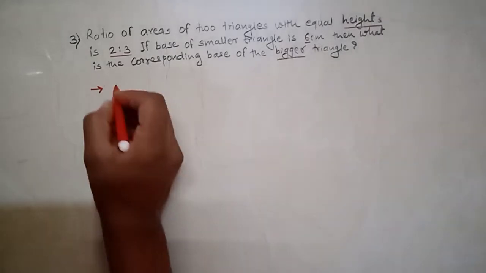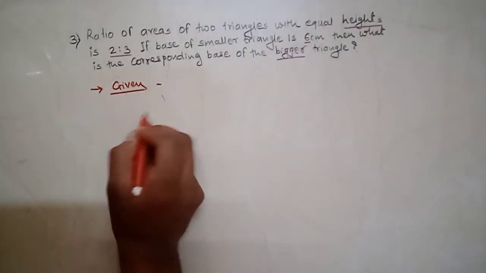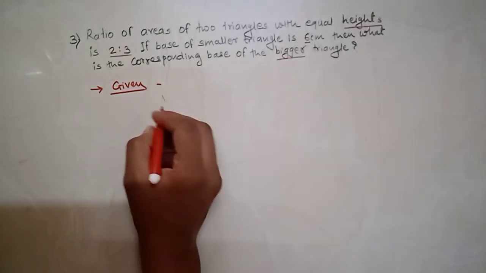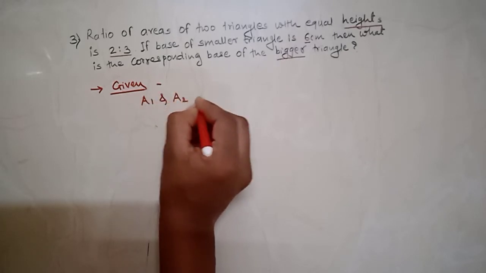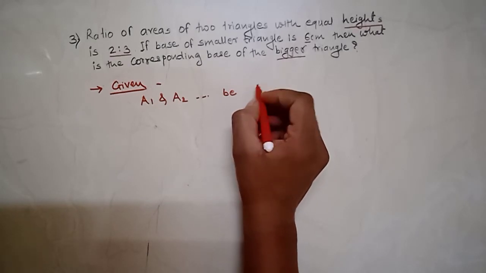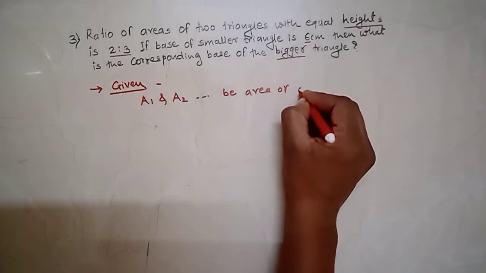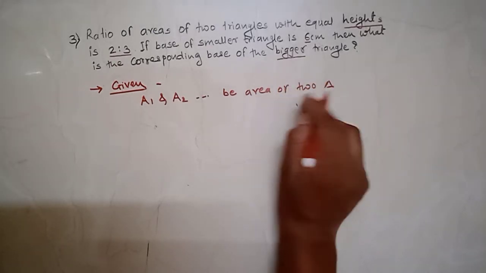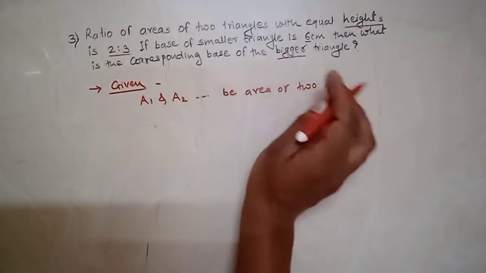So first we can consider the given part. They have two triangles, so consider A1 and A2 to be the areas of the triangles.